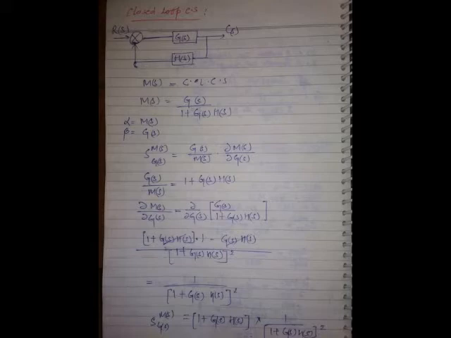Second point. It is also known as anticipatory controller, because it sends a control signal in anticipation of error.